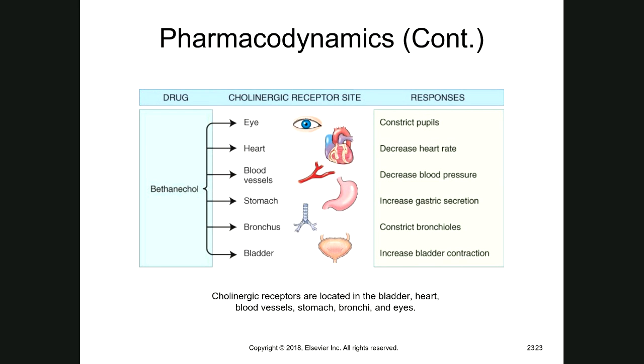And we have to look at drug toxicity, which occurs when the drug levels exceed the therapeutic range. Toxicity may occur secondary to overdose, intentional or unintentional.